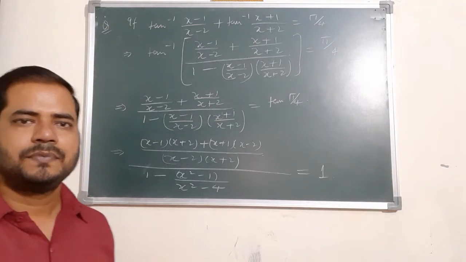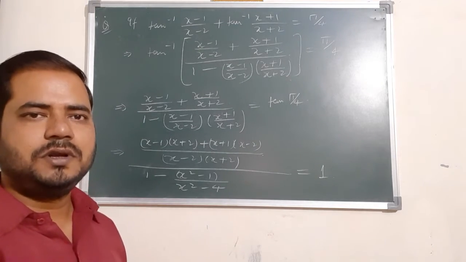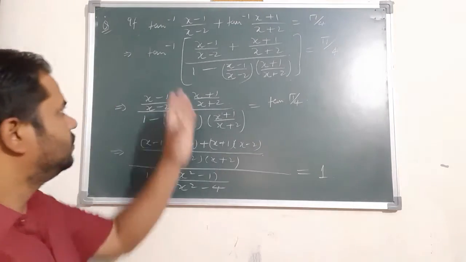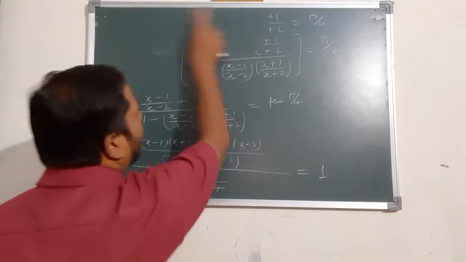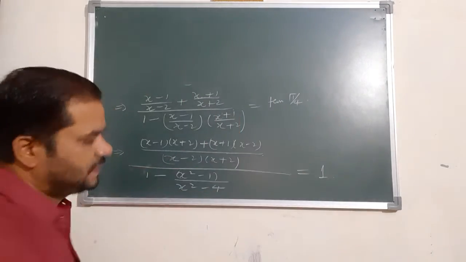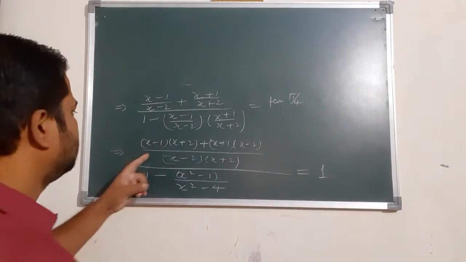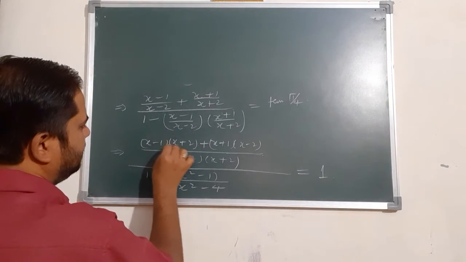Whenever you note the question, you pause the video and note it down. Okay, so now I am going to erase this one, and then we have this: x square minus x plus 2x minus 2.